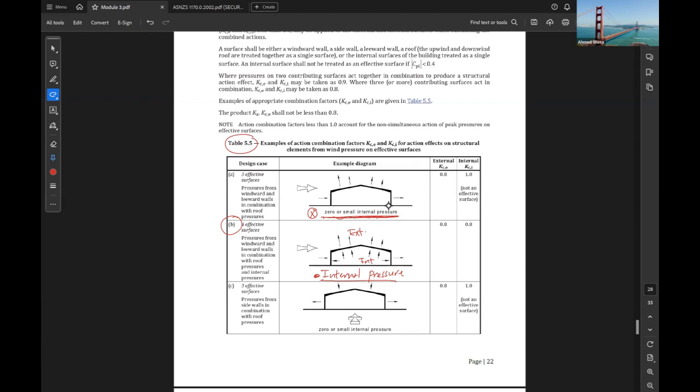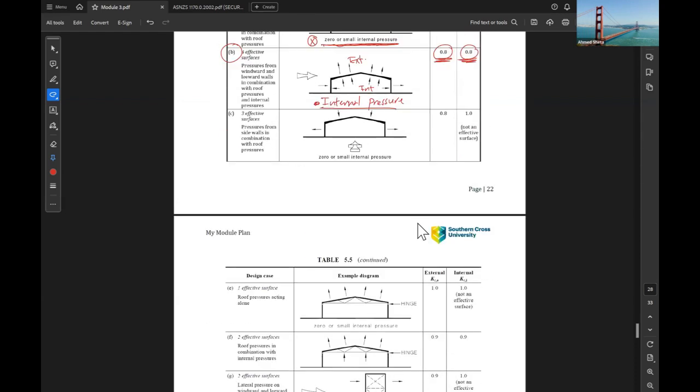So in our case, we can take KCE and KCI as 0.8. So KCE and KCI for our calculation will be 0.8, as we considered we have internal pressure and external pressure.